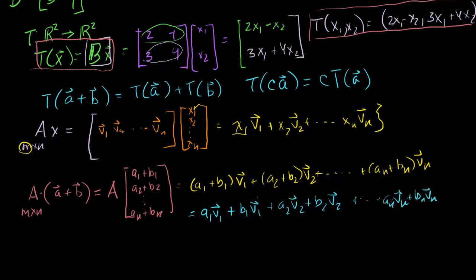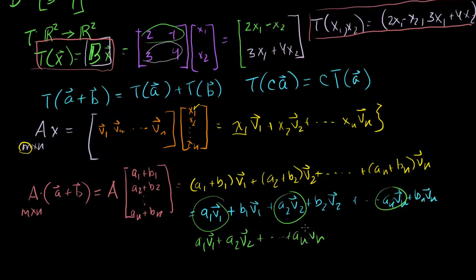And then if we just reassociate this, if we group all of the a terms together, we get a1 times v1 plus a2 times v2 plus all the way to an times vn. I just grabbed all the a terms.